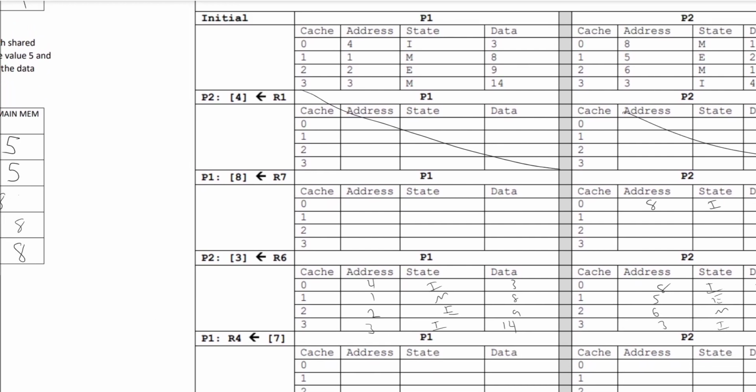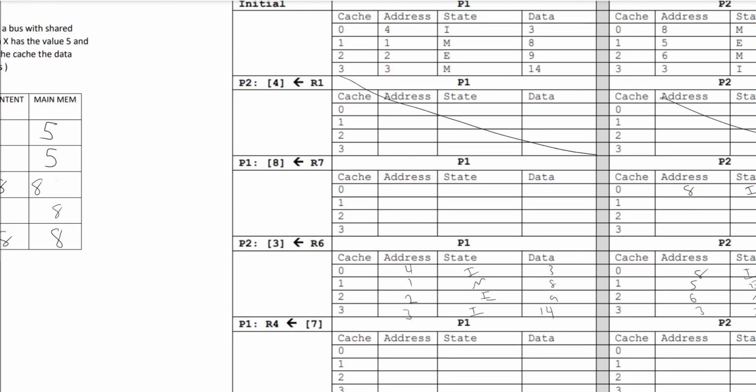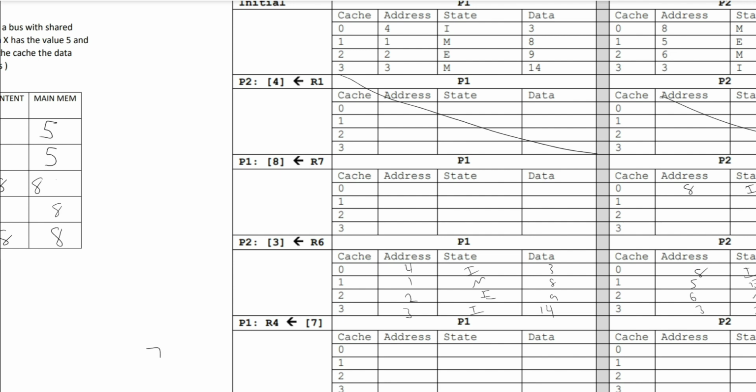This is a read for processor 1, address 7. It's a read miss. It's direct mapping. Okay, so 7 mod 4, which is 3. That's fine because cache location 3 has invalid data.